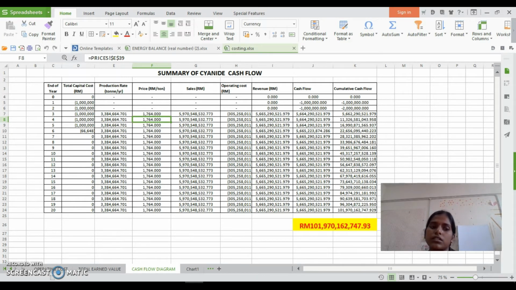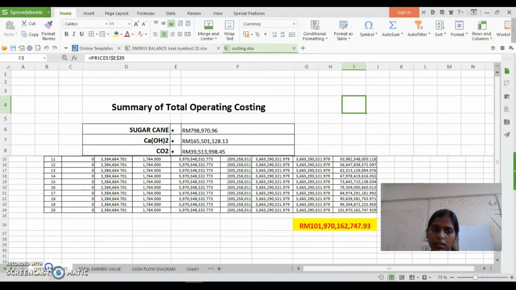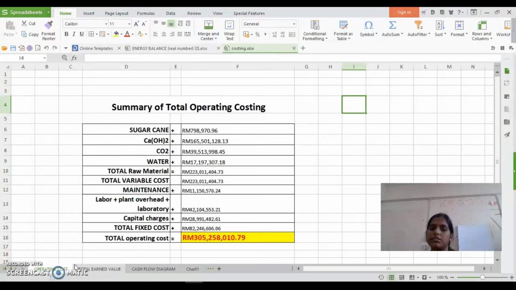Our operating cost consists of sugarcane, chemicals that we use, which is CaOH as well as carbon dioxide, and the amount of water we use. That would bring us around 300 million, including the labor cost as well as plant overhead, together with the maintenance.